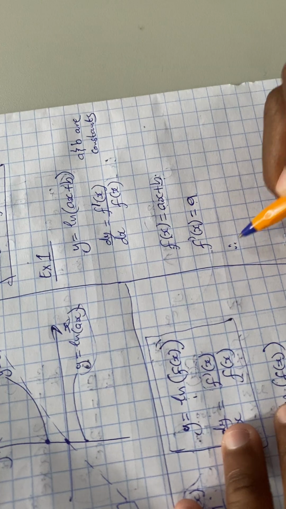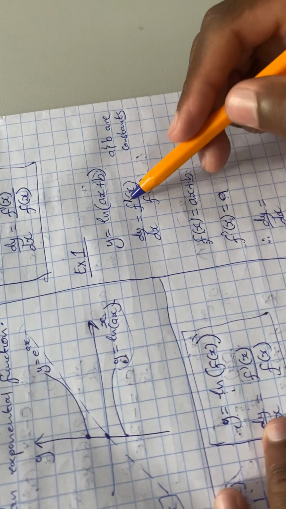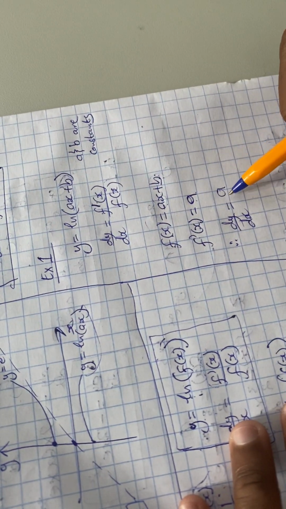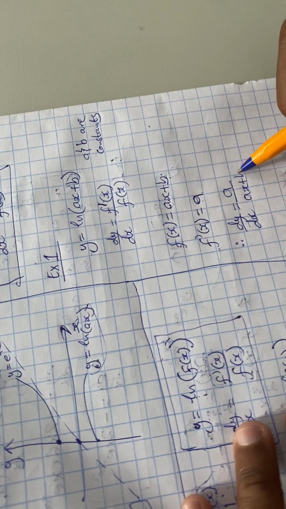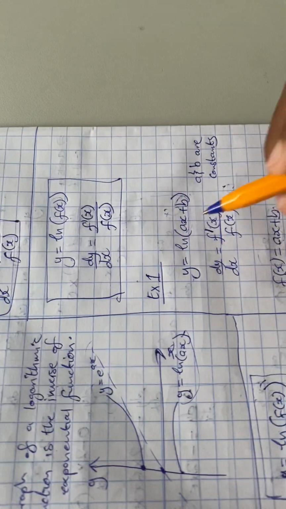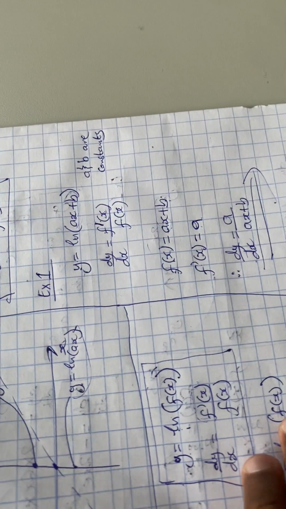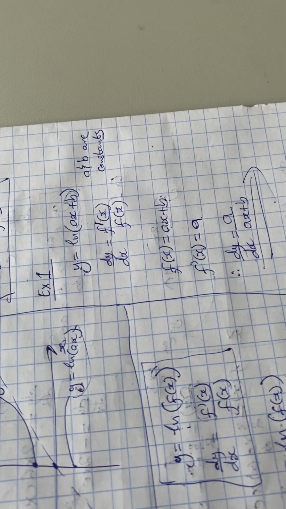Therefore, dy/dx is equal to f'(x), which is a, all over f(x), which is ax plus b. This is the first derivative of y equals ln(ax plus b). That's how you find the first derivative for this function.